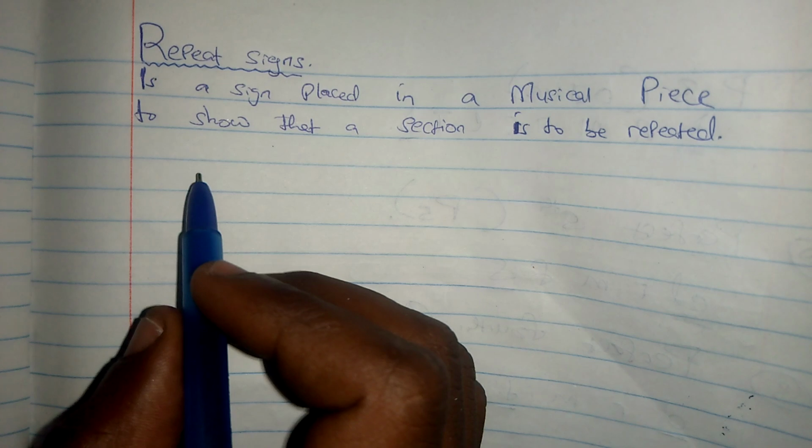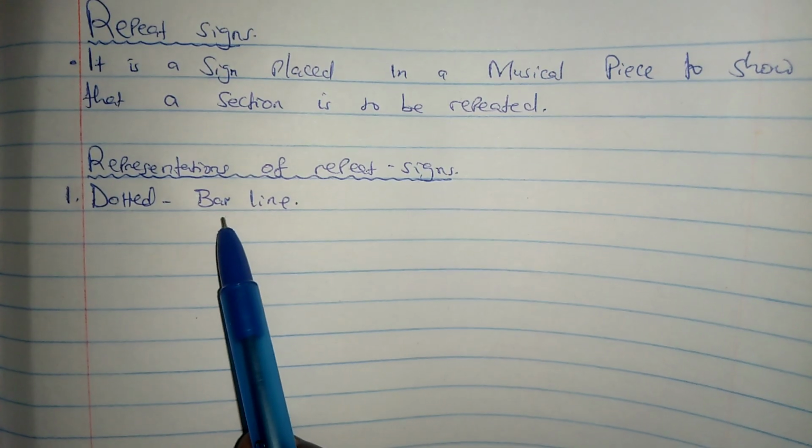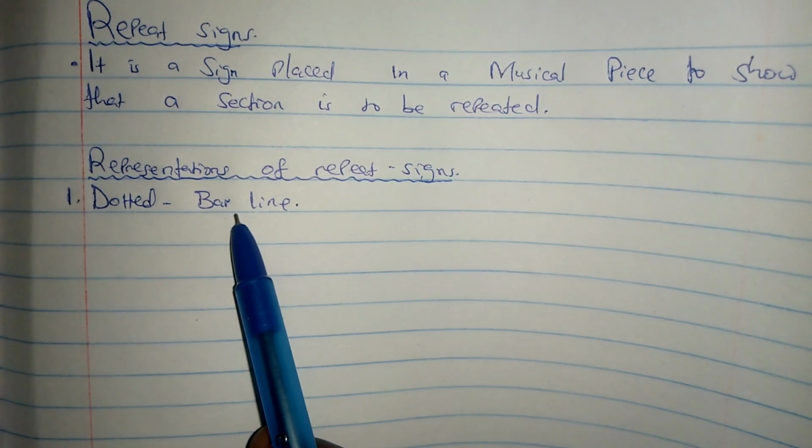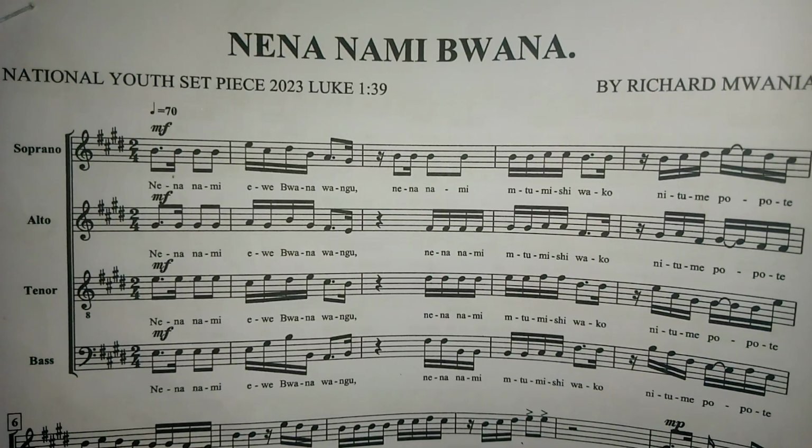And number one, we have the dotted bar line. Let's say, for example, we have a musical piece like the one shown on the screen.